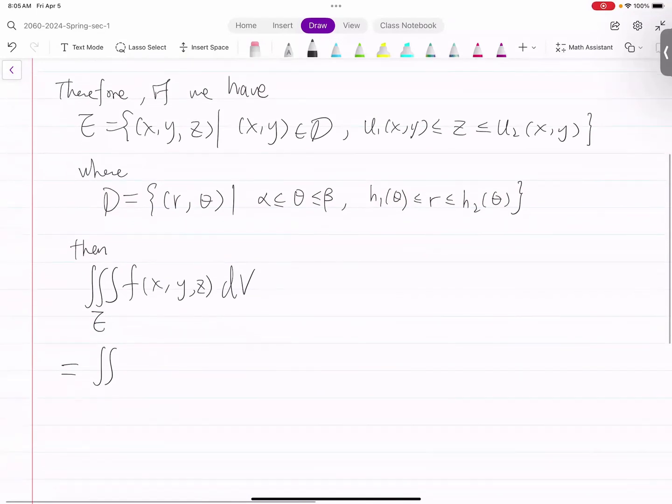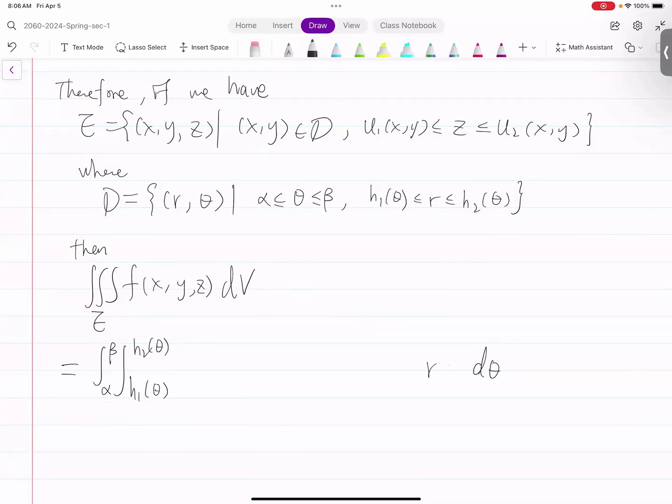For the outer integrals, it's going to be in terms of r and theta for that region. So here we have theta between alpha and beta, and we keep it there. r is in the middle, so it's going to be h1 of theta to h2 of theta for the bounds.